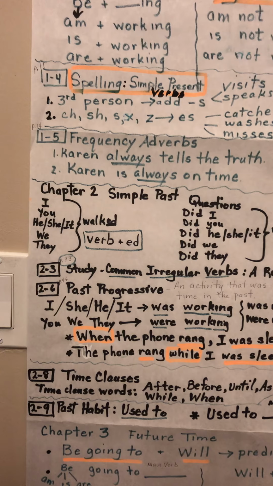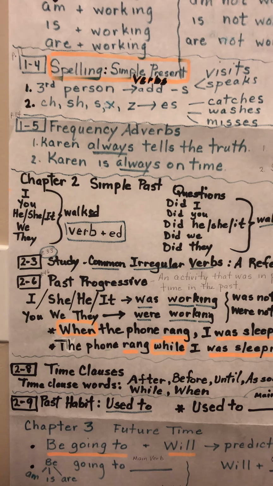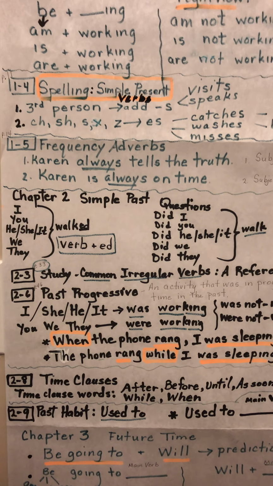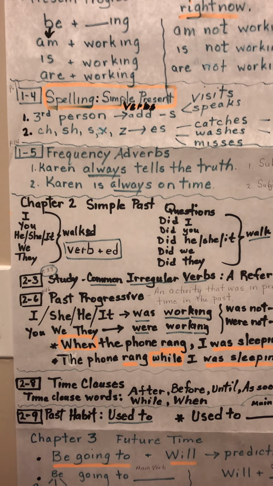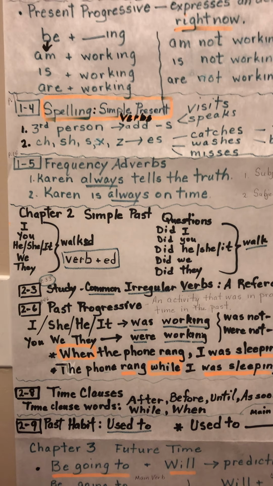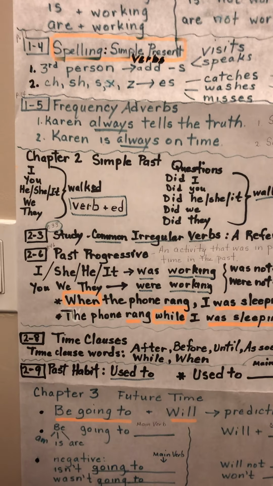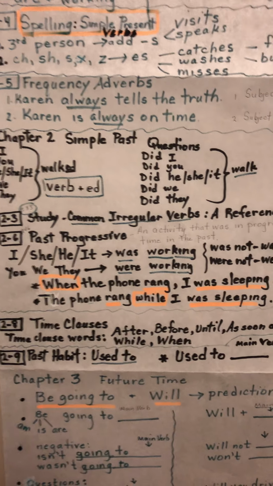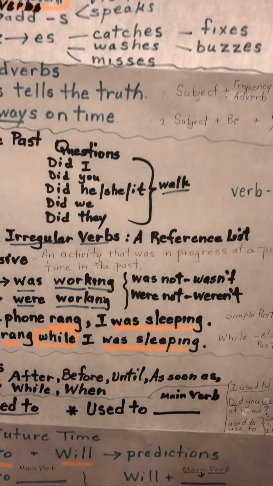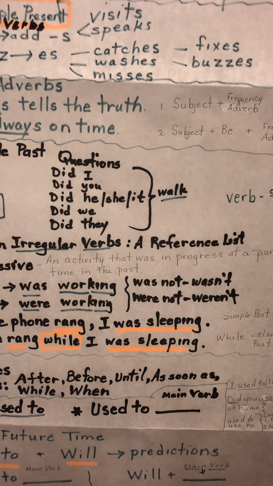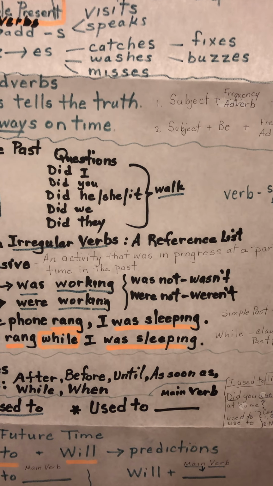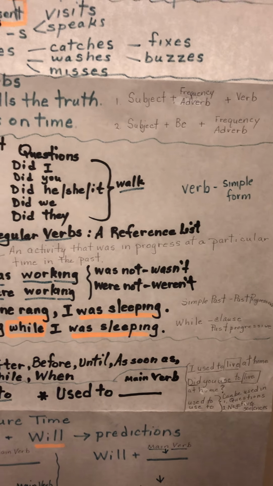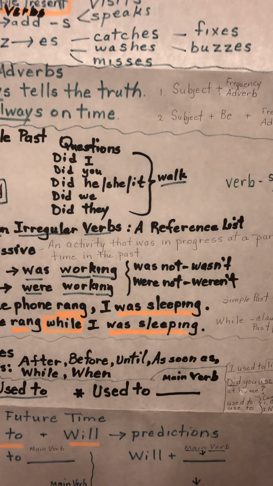If we go into 2-3, they give you a list of the common irregular verbs. Make sure you go back and study those irregular verbs. We go into 2-6, which is the past progressive. It's an activity that was in progress at a particular time in the past.